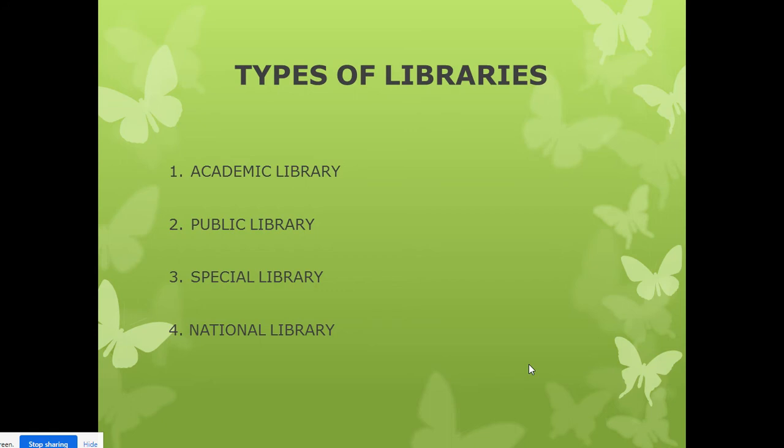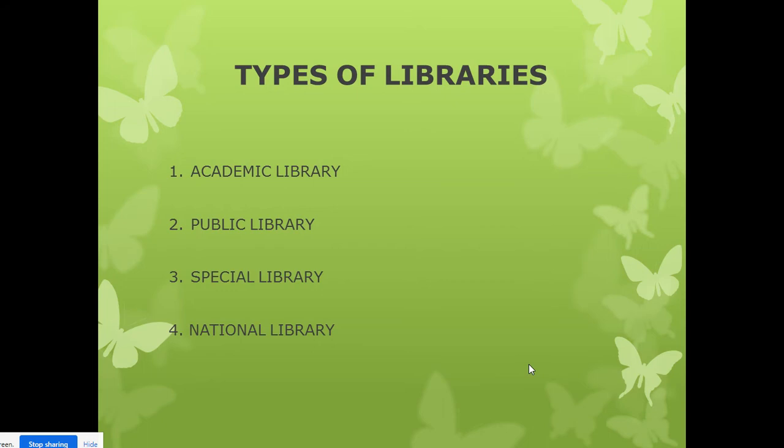National literature is preserved and stored in it for users. So these are the four types of libraries available in the world: academic library, public library, special library, and national library.